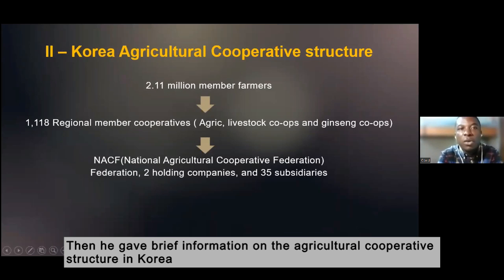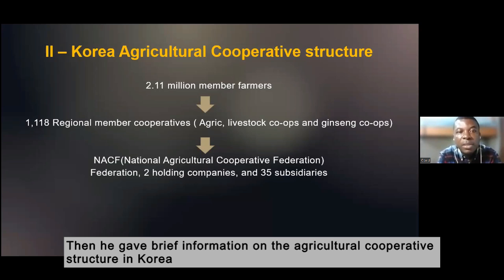I'll move on to the Korean agricultural cooperative structure. It is known that Korea has about 2 million farmers, and these farmers join various local cooperatives. They come together to form regional cooperatives, and we have over 1,000 regional cooperatives, comprising agricultural cooperatives, livestock cooperatives, and ginseng cooperatives.